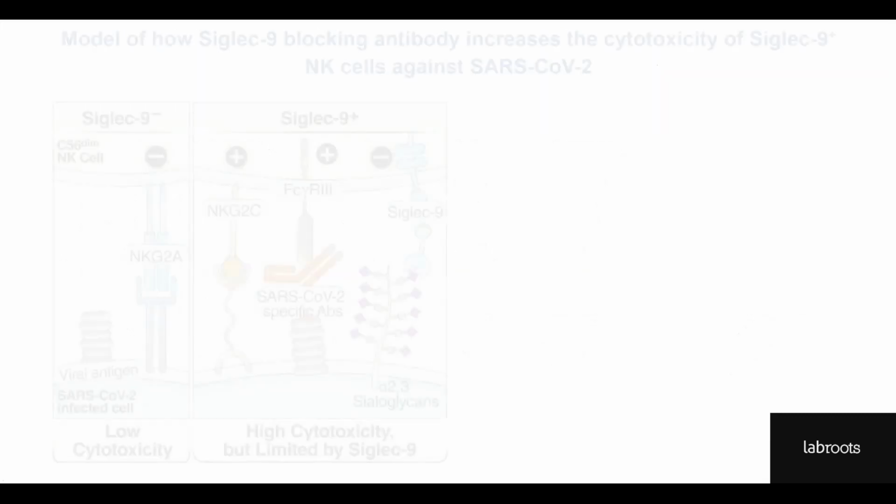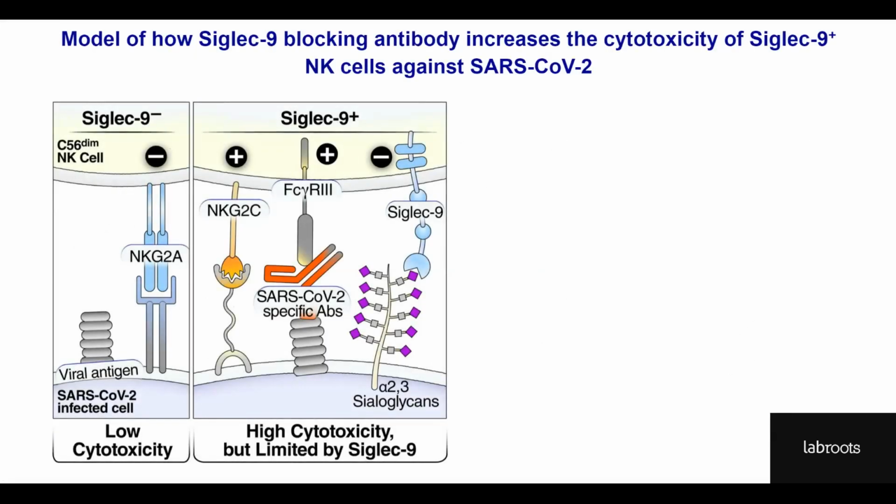So again, going back to this model, similar to what I showed you with HIV, we also found that the Siglec-9 positive cells are indeed highly activated and highly cytotoxic against SARS-CoV-2. So it's not just specific for HIV and can be applicable for many other viral infections.